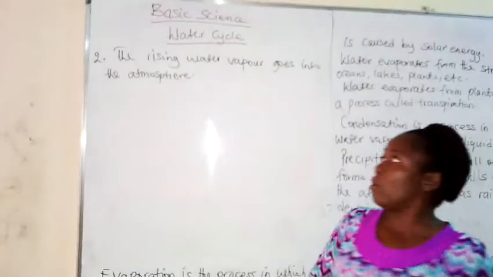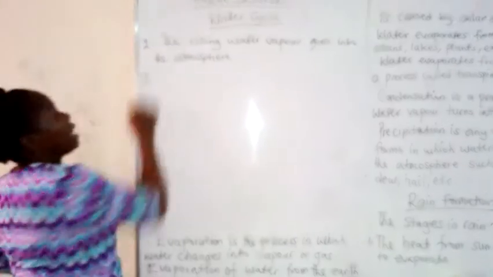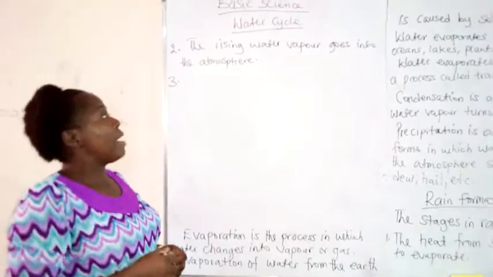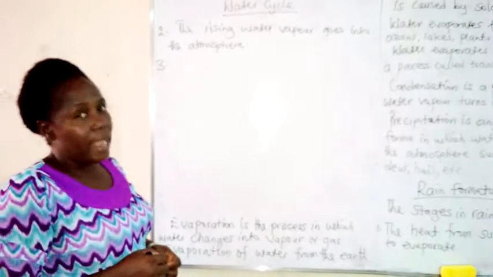When it meets the cooler air, what happens to it? I have said that before. Yes, and can you tell what happens to the rising water vapor that meets the cooler air in the atmosphere? It condenses.